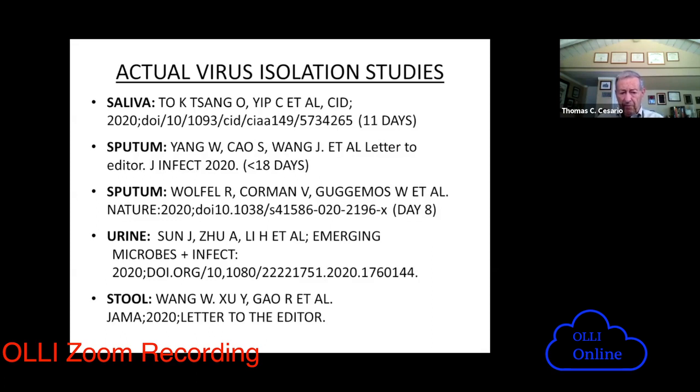But we have a handful, pretty much all listed here, from people who have grown the virus from infectious people, from saliva, sputum, which seems to me the most infectious, in one case urine, but also in a couple of cases from stool. And what has been found in these circumstances, not by me, is that you can detect the presence of live virus for about 10 or 11 days, maybe 12. So you are probably infectious for about 10 days after you get sick.